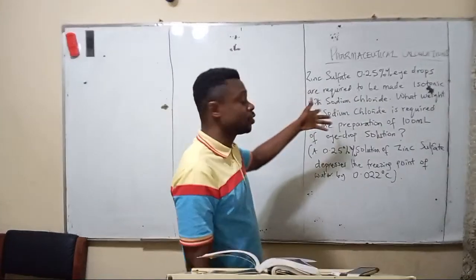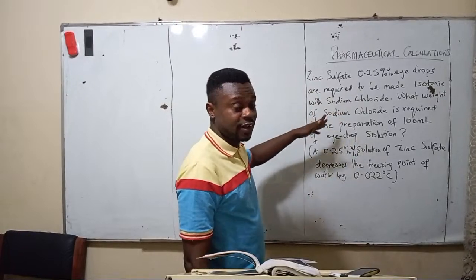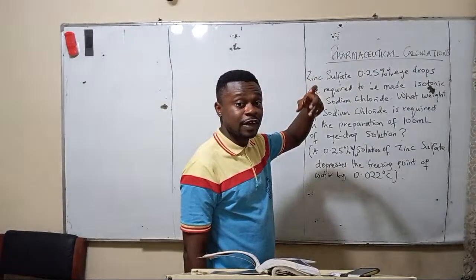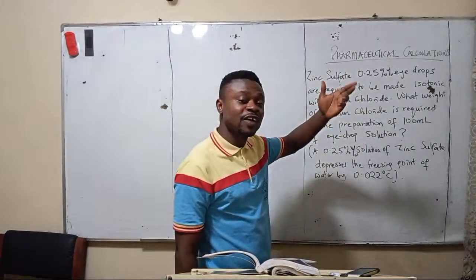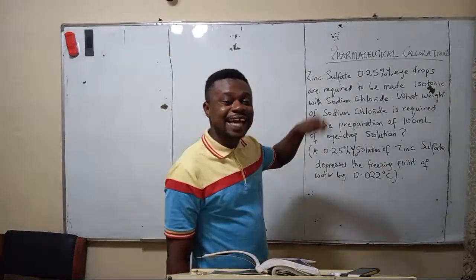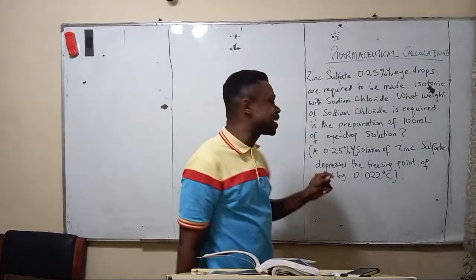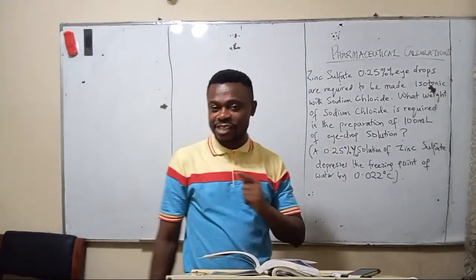This may be a scenario in a manufacturing firm where they want to produce an ophthalmic drop of zinc sulfate 0.25%, but they want to make it isotonic with sodium chloride. They now want us to calculate the amount of sodium chloride required to make this isotonic.